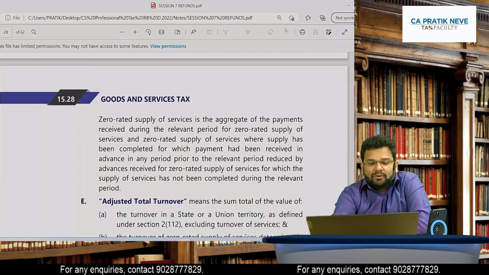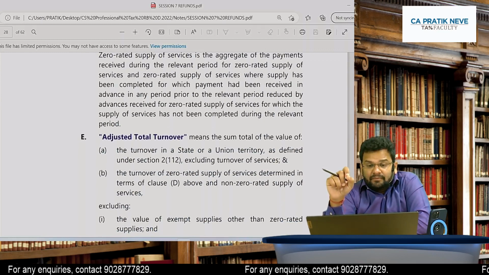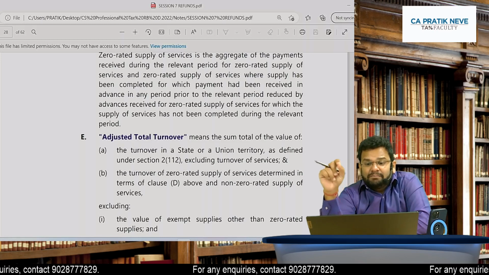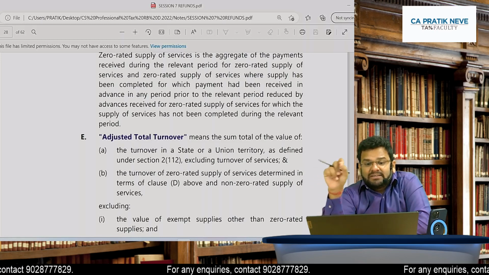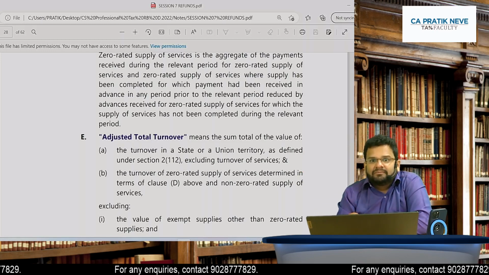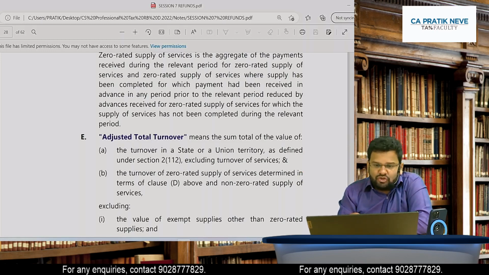How is it calculated? Aggregate of payments received during the relevant period for zero rated supply of services. So actual amount received you have to check. Agreed? Actual amount received you have to check.